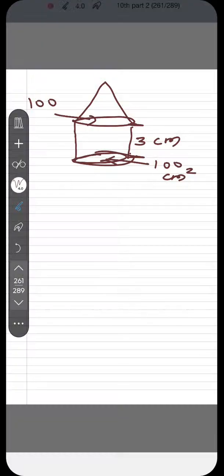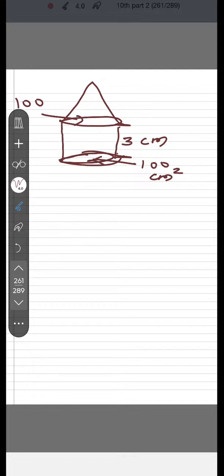It means it also has 100 centimeter square, correct? Now the cone is placed upon the cylinder. Here you can see the cone is placed upon a cylinder, kept on one base of the cylinder. So it is also 100.